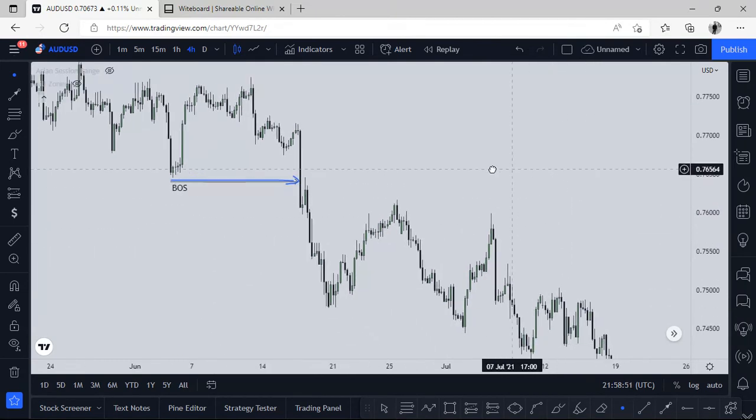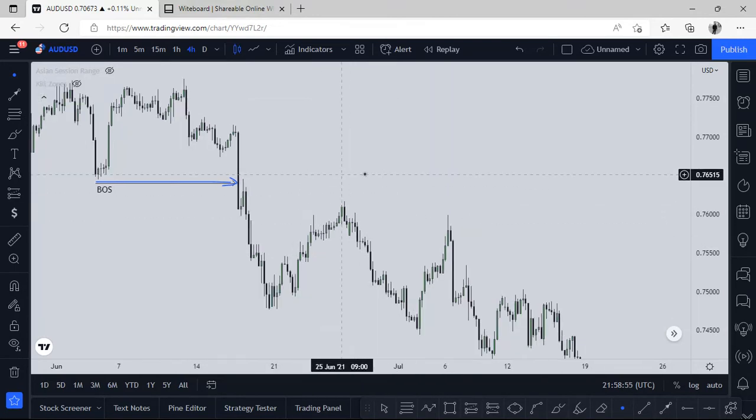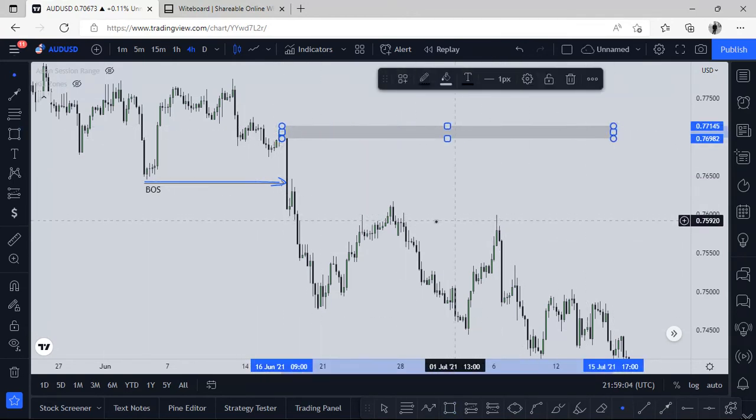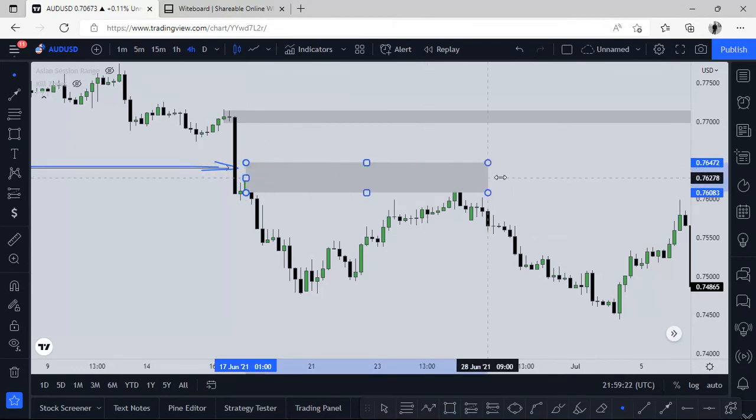Because we have a break of market structure, one thing you should know is that this is another block you can highlight, because it was the last candle before they moved downwards. But you should also notice that as price was coming down, we had a little retracement around this zone, and we created a very nice bullish order block along the way.